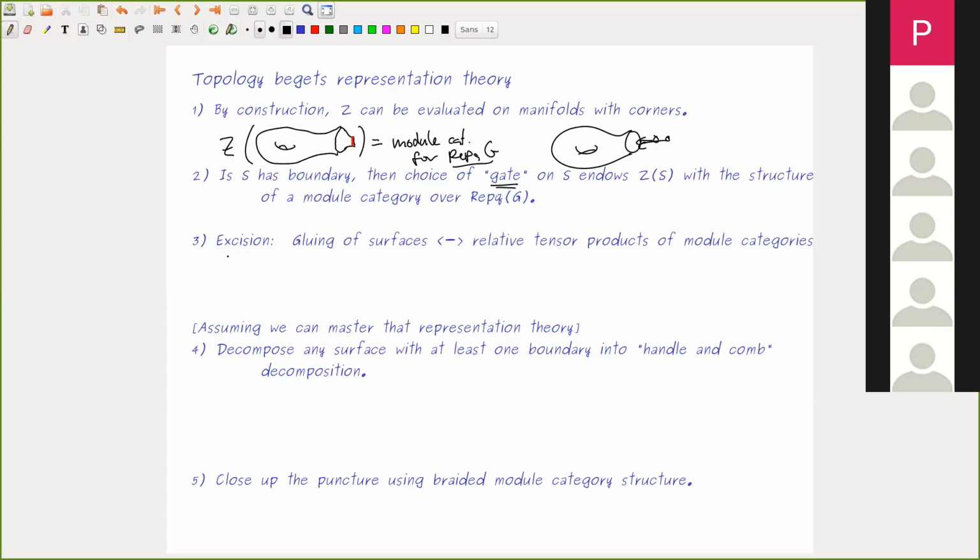And then the key property that allows all those theorems in the preceding page to be proved is excision, which says that, say I have two surfaces glued together.